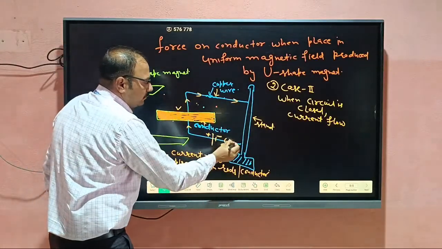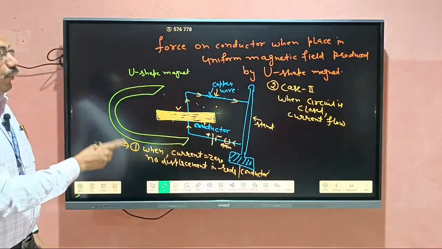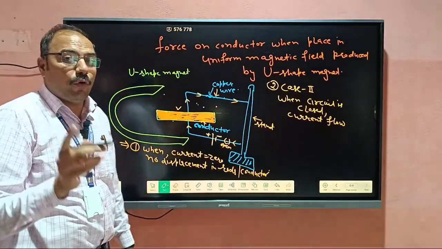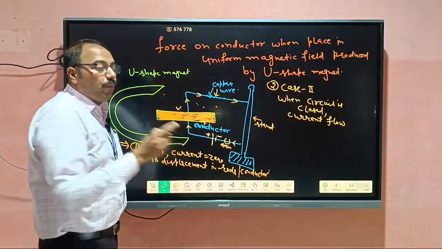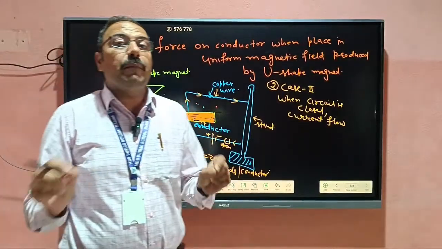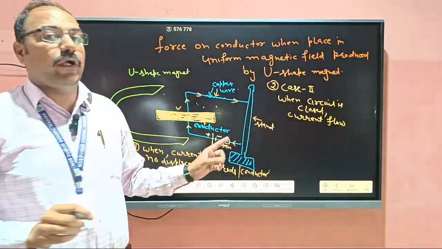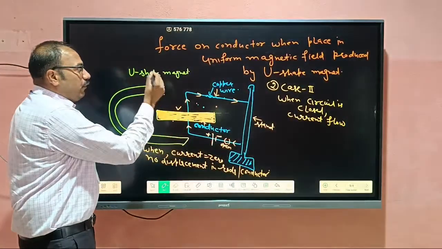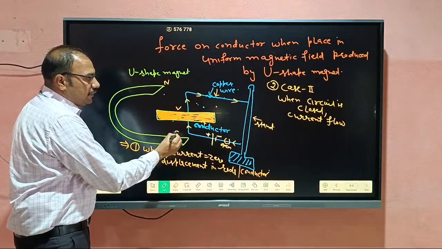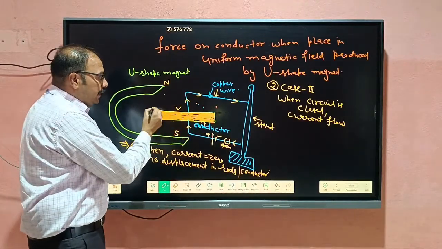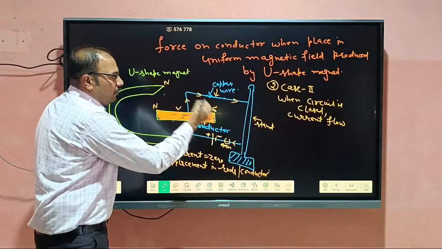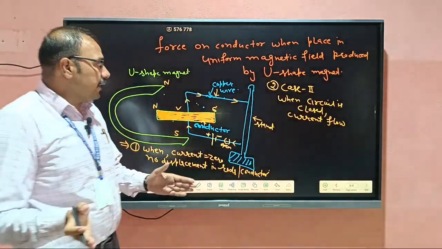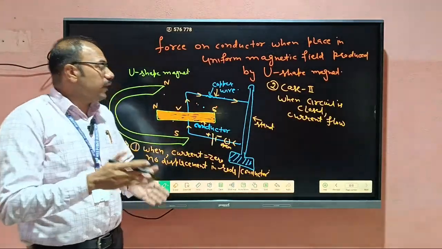We already know that if current is flowing in a conductor, then the conductor produces a magnetic field, and if it produces a magnetic field, the conductor behaves as a magnet. This is the important point here: the conductor behaves as a magnet. So for example, this is the north pole and this is the south pole. So this acts as a north pole and south pole. We already explained that like poles repel each other and north and south poles attract each other.